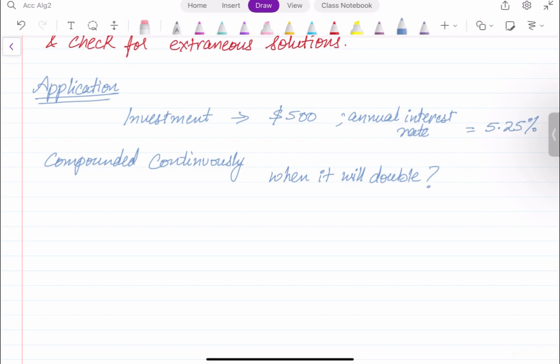So initial investment is 500. So when the amount will be 1000. So compounded continuously implies that we are using the concept of PERT. So A is equal to P times e to the power of rt. Double implies that the amount will be 2 times P, which is nothing but 1000.